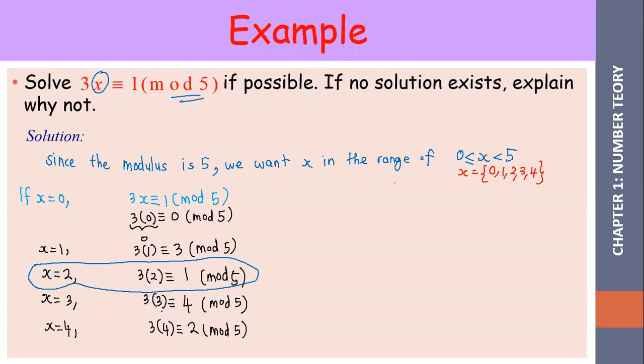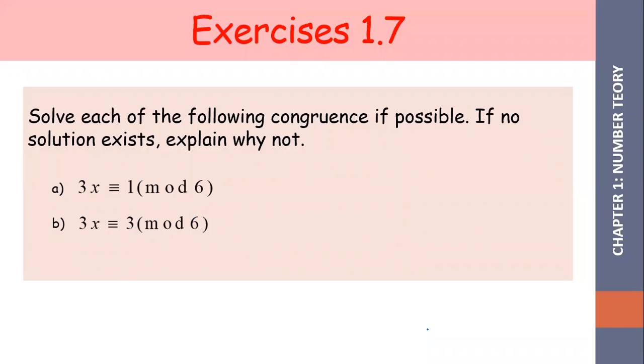Alright, so therefore the only solution to the congruence is x is equal to 2. Okay, so that is the answer. Alright, so this is the exercise. Okay, try to do it.